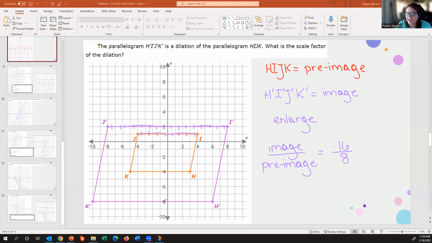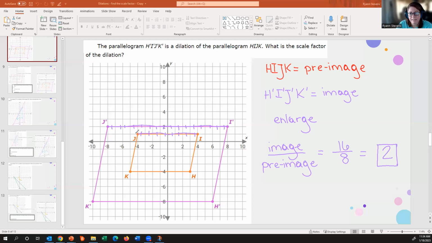We know 16 over 8, fractions are division. So 16 divided by 8 would give us a scale factor of 2. To get from our pre-image to our image, we would multiply all of those sides by 2 to get to the new figure that we have. And again, it's important to point out that with dilations, we're not really changing the shape of the object.